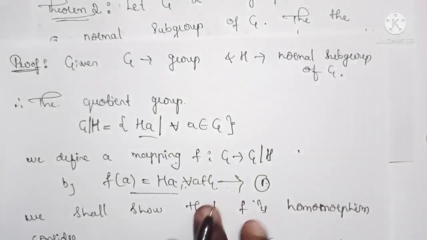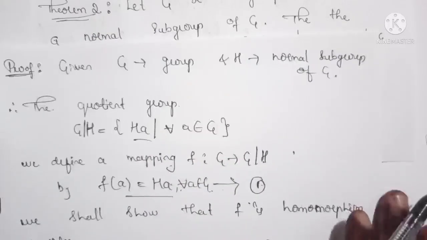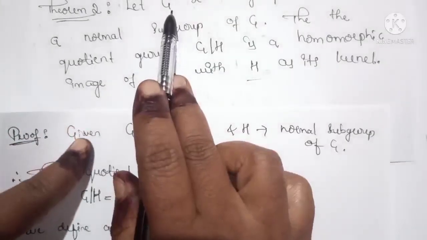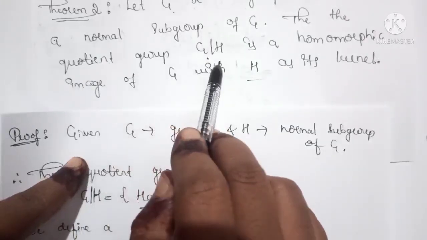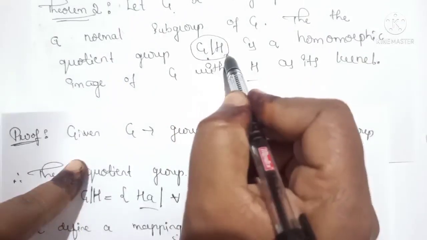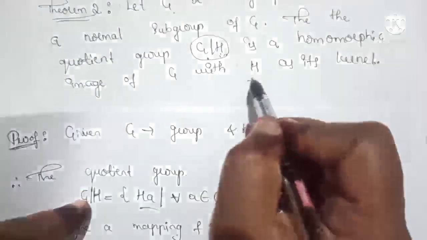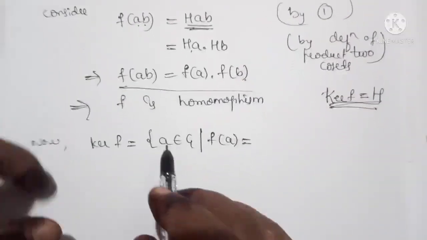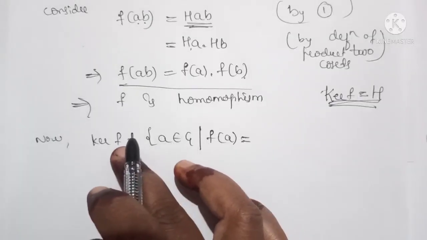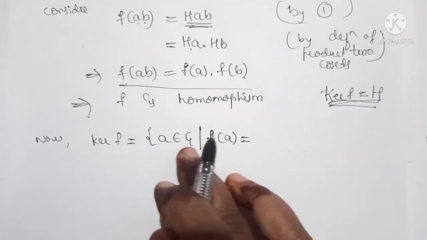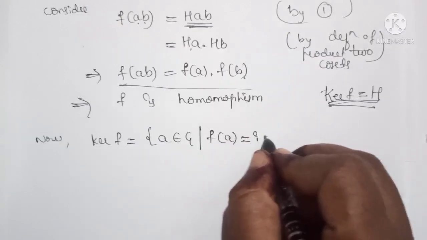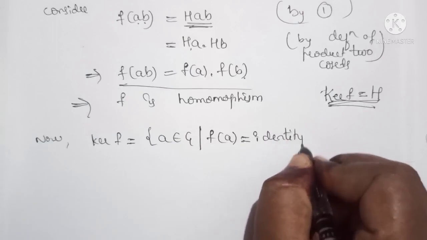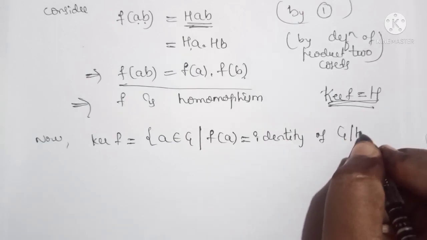But in this theorem we have the homomorphism F from G to G by H, whose identity element is H. Therefore, by the definition of kernel of F, we can write it as all A belongs to G such that F of A equals the identity of G by H.